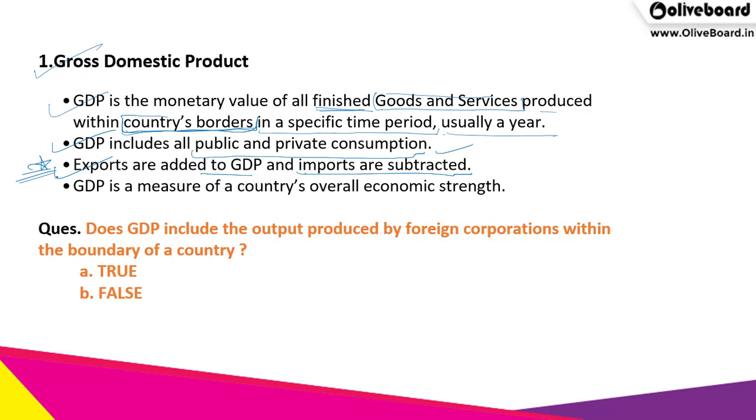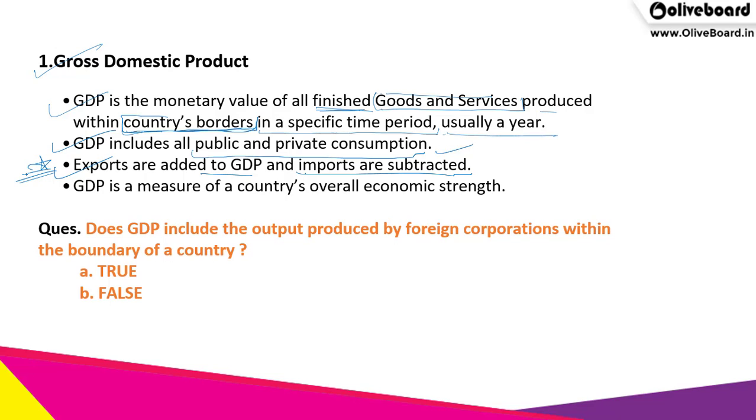Now this is important. Obviously, if we are exporting something, we are producing it in our country. Suppose we produce handicrafts in our country and we are exporting them to USA, we will have to include that in our GDP.